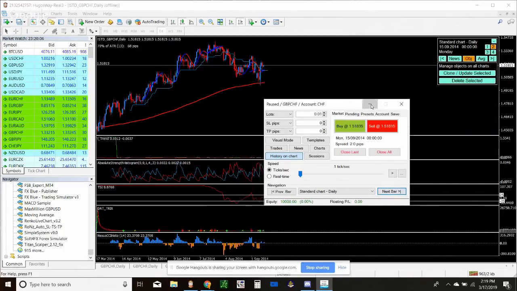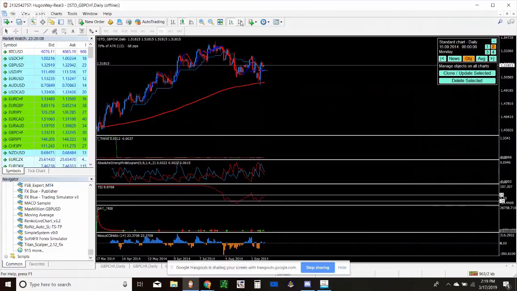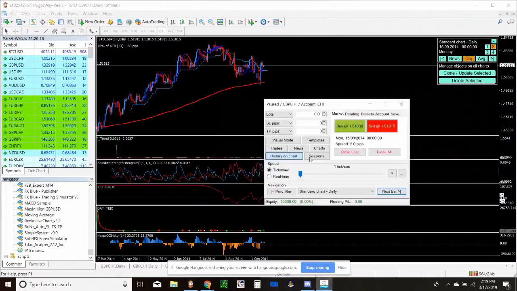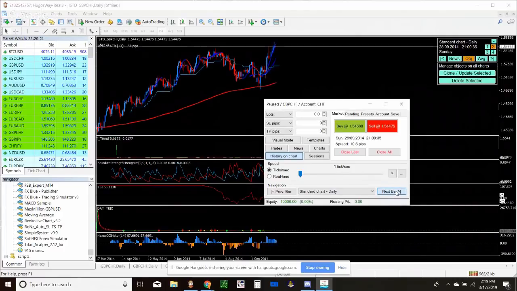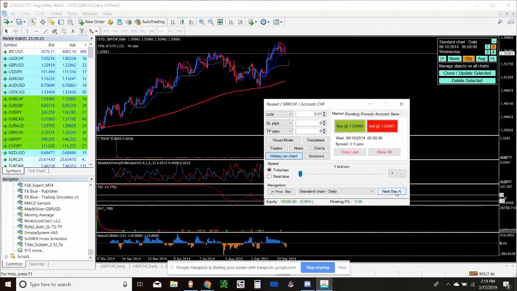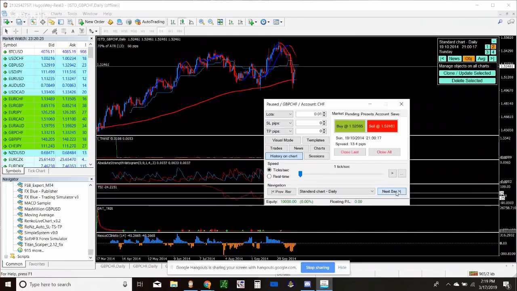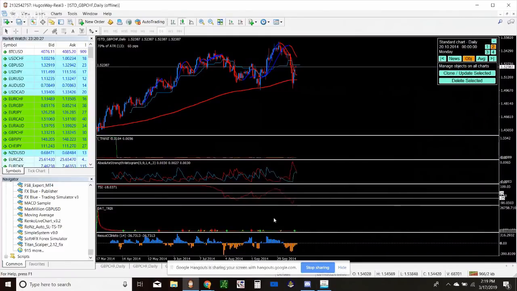All right, that's far enough. If I drag the screen over, it'll refresh those indicators, because it looks like that one doesn't want to load for me. Maybe I'll try re-adding that, see if that works.